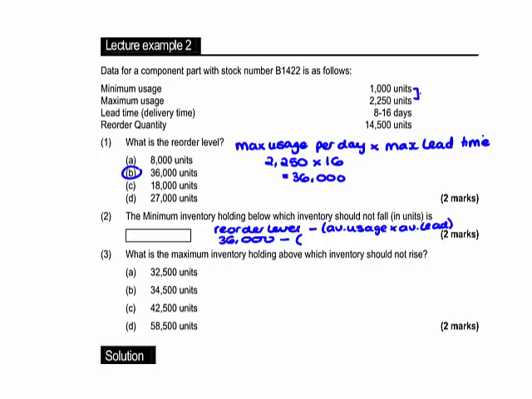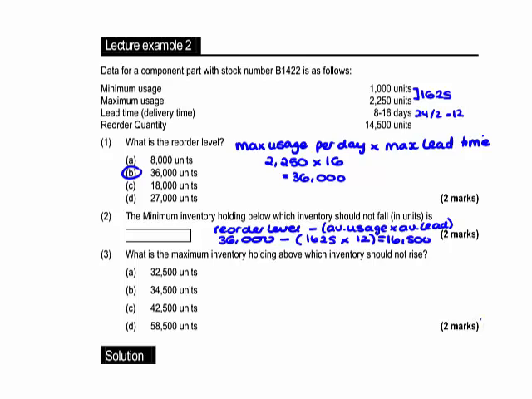So 3,250 divided by 2, our average is 1,625, and our average lead time is 24 divided by 2, so it's going to be 12 days. The 36,000 less 19,500 gives us 16,500 units.